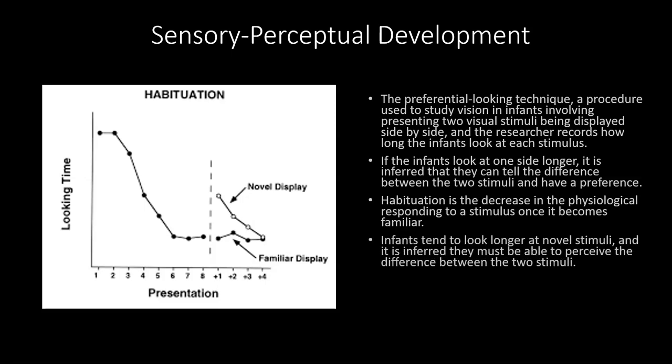Infants do tend to look longer at new things that they haven't experienced before, and what we're doing when we present this kind of task is inferring that they have to be able to tell the difference between new and not new. And that's, you know, for little infants, a pretty big feat.